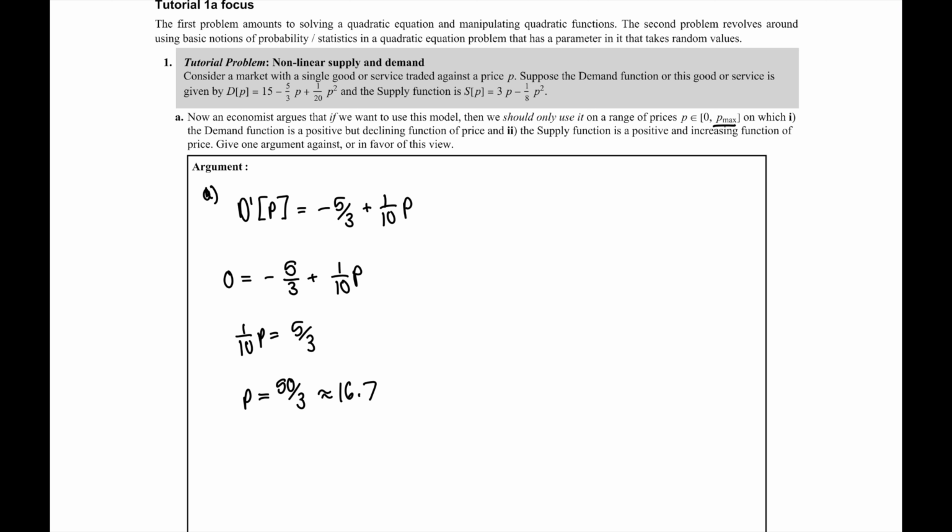If I do the same with our supply function and differentiate it, we get 3 minus 1 over 4P. If I equate this to 0, 1 over 4P is equal to 3, so P is equal to 12.